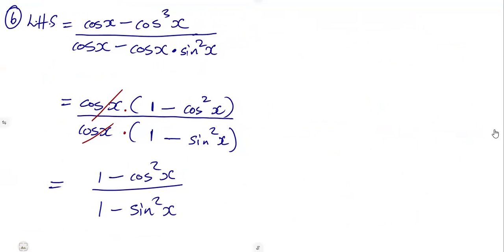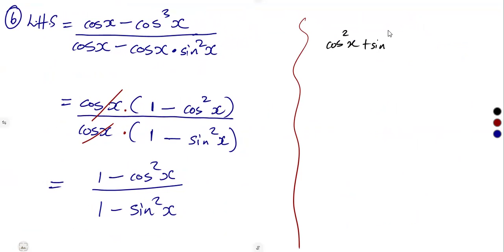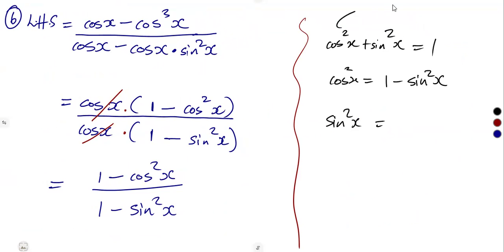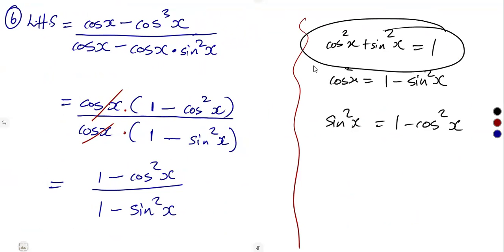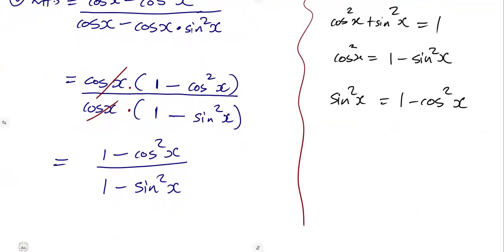Remember our previous case that we had: cos squared of x plus sine squared of x is equal to 1. We managed to make cos the subject, and we said cos squared of x is equal to 1 minus the sine squared of x. Or we can make the sine squared the subject, meaning the cos goes to the other side, and it will be 1 minus cos squared of x. Remember, these are extensions from this identity, and this is exactly what we are having here.